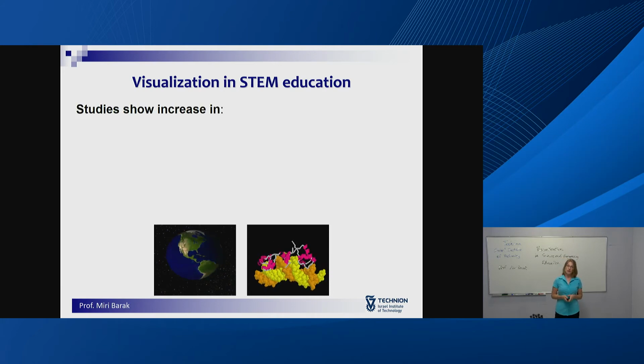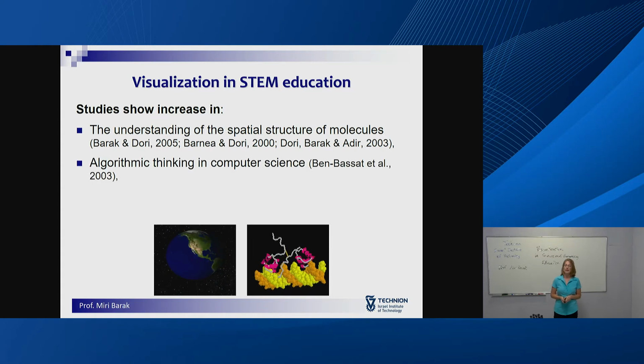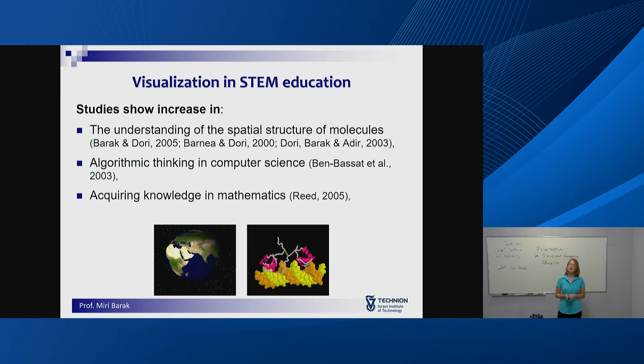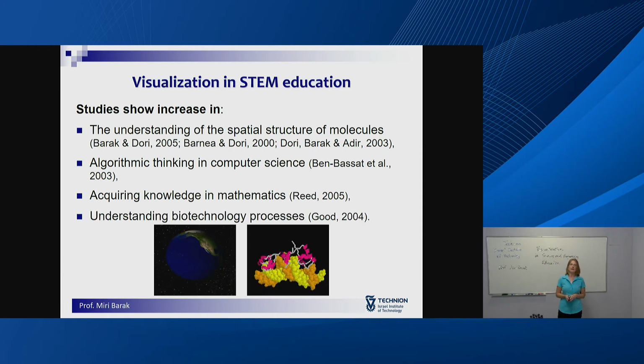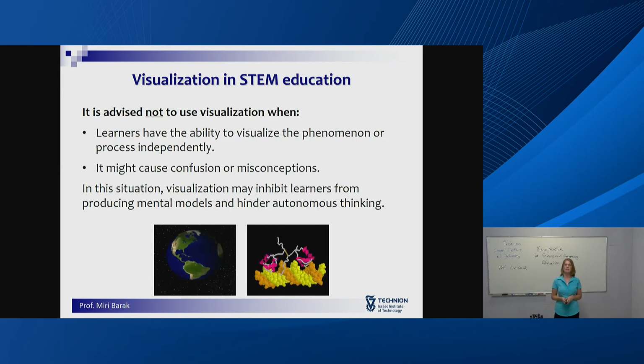When we look at the literature, studies show that visualization can increase the understanding of spatial structure of molecules. It can increase the understanding of algorithmic thinking in computer science and acquiring knowledge in mathematics. Also, studies show better understanding in biotechnology processes.